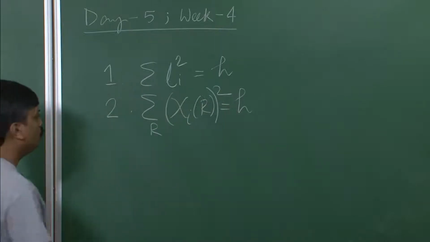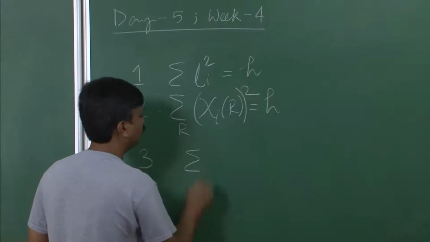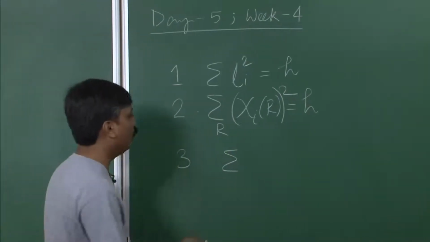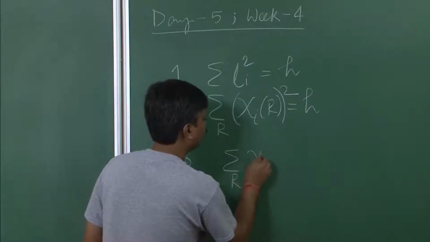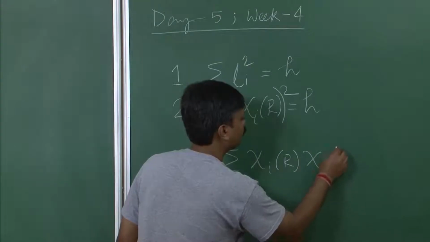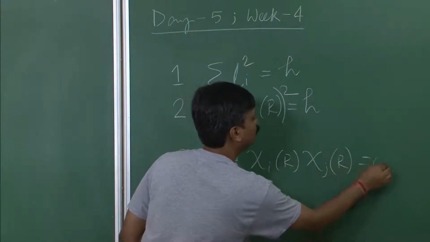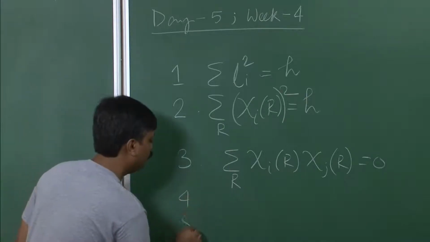Also we learnt that any two irreducible representations are orthogonal. This is equal to 0. And we also learnt another two rules, fourth and fifth.